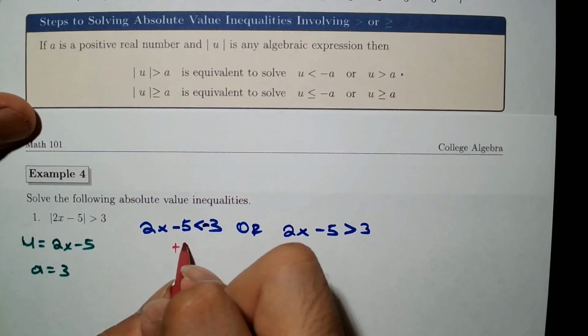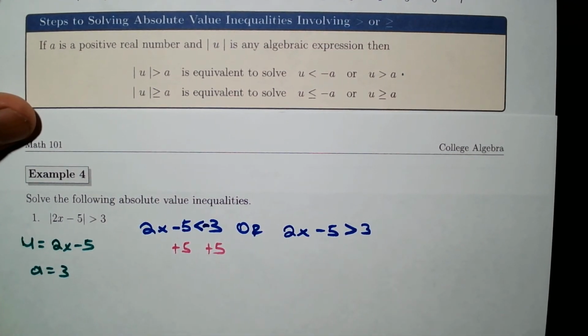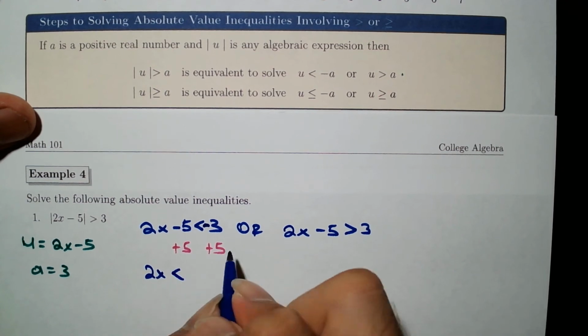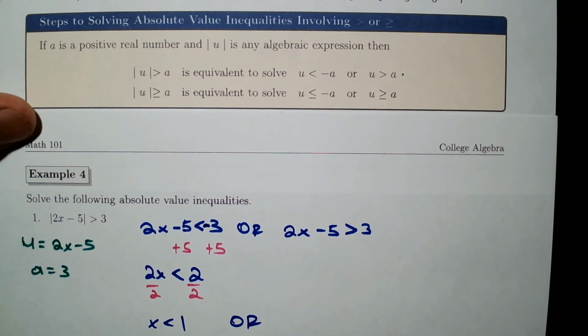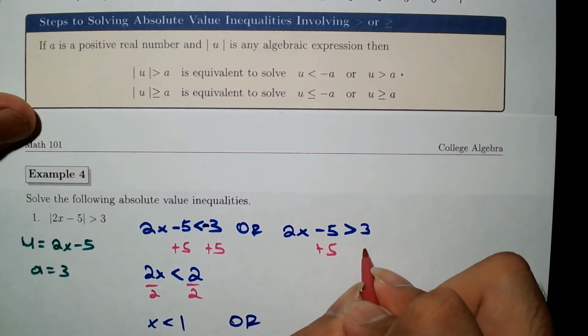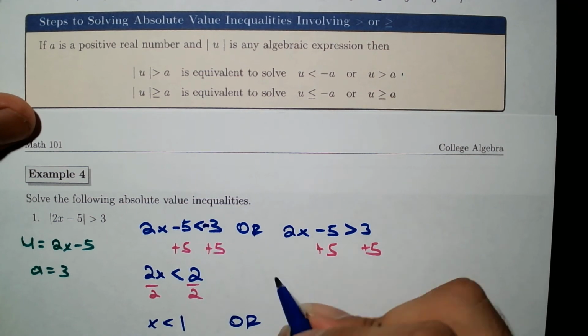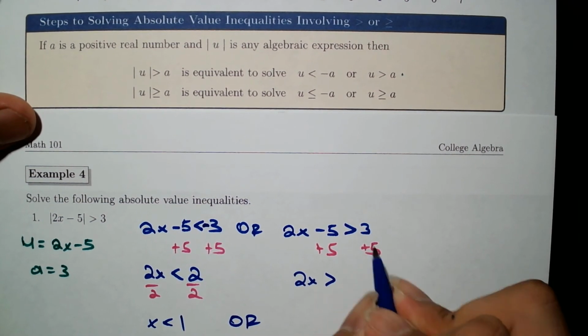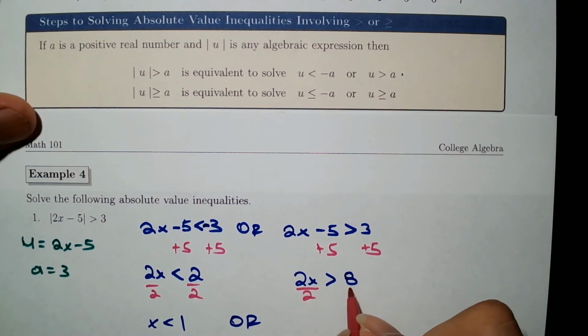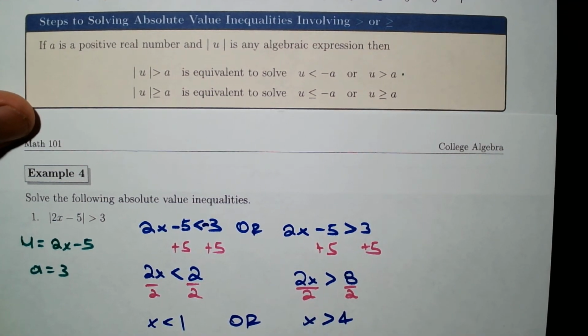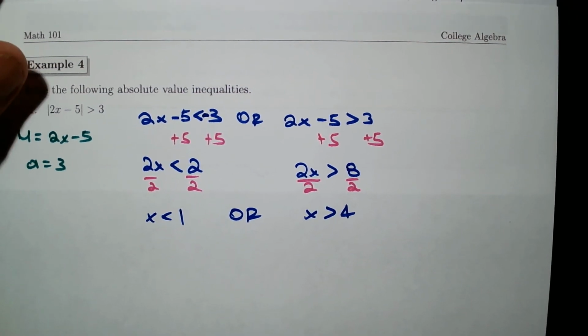So I'm going to add 5 to both sides to get 2x less than 5 minus 3, which is 2, and divide both sides by 2 to get x less than 1, or add 5 to both sides, we get 2x greater than 3 plus 5, which is 8, and divide both sides by 2 to get x greater than 4, only, not greater than or equal.